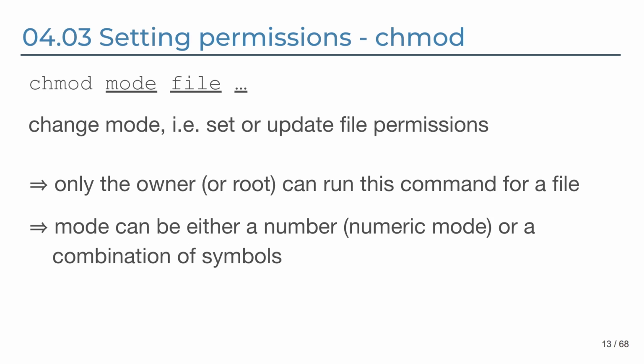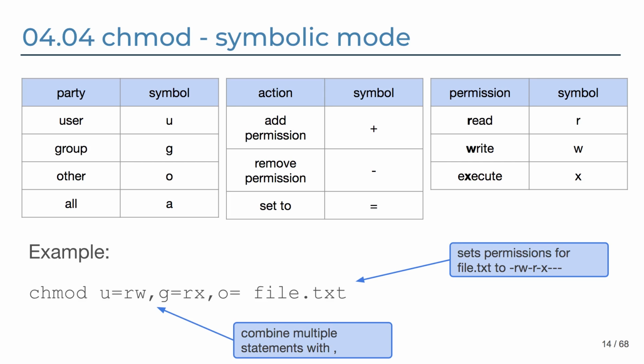When it comes to mode, there are two options for how to specify it. One is using a couple of numbers, and one is using a combination of symbols. Let's start with the easier one, which is the symbolic mode. First, we can specify which party we want to set permissions for. Then we can perform an action, which is to add the permission, remove the permission, or set the permission exactly to something, and then the permission itself.